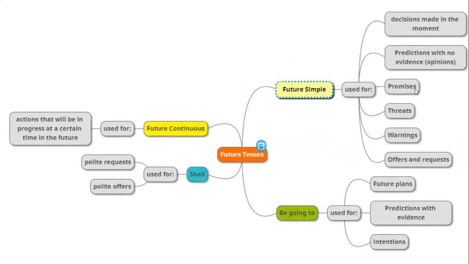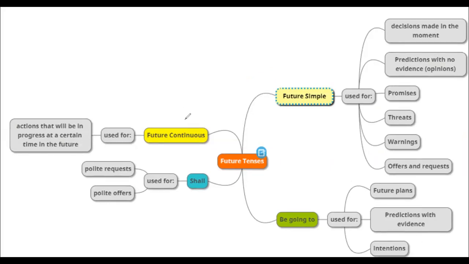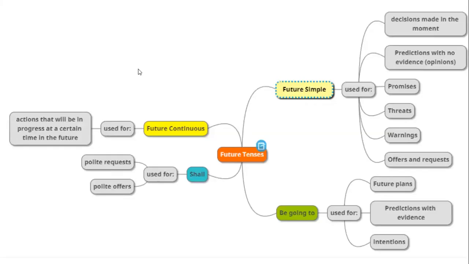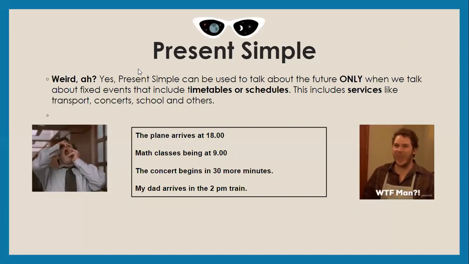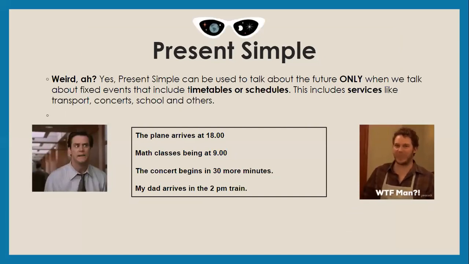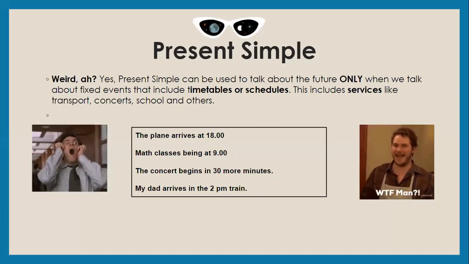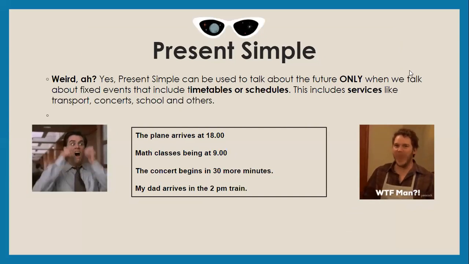Okay, the same ideas that I mentioned. Going to, the same ideas I mentioned. And also here, continues the same idea as I mentioned. The only one missing is the one about the present simple, which talks about a service. Okay, talks about service.